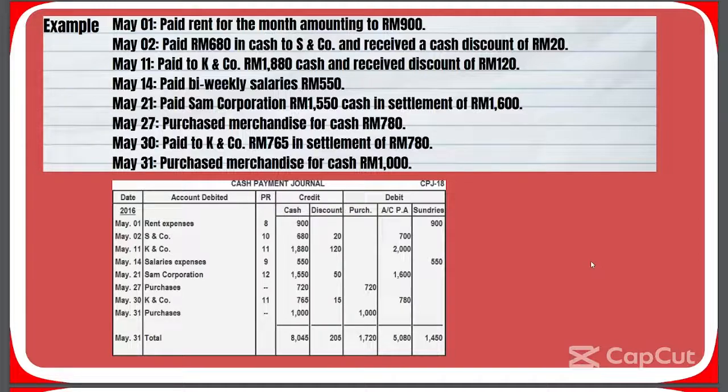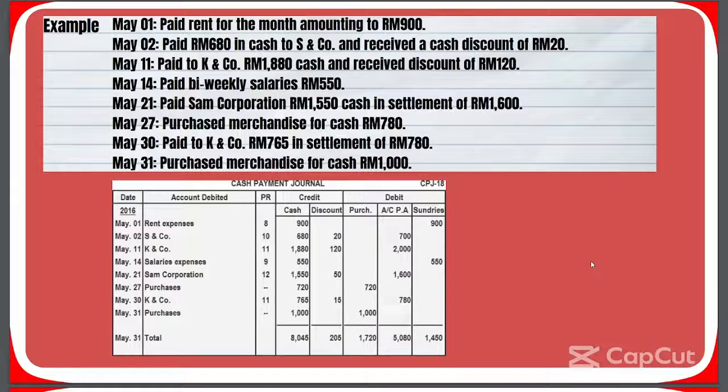Next, 30 May, you write KNCO, and you write 765 ringgit at credit, and you write 15 ringgit to credit too, because 718 ringgit at debit. In settlement 706 ringgit at debit, and you can write 15 ringgit at credit.